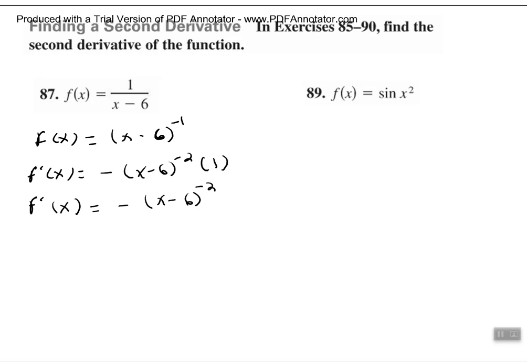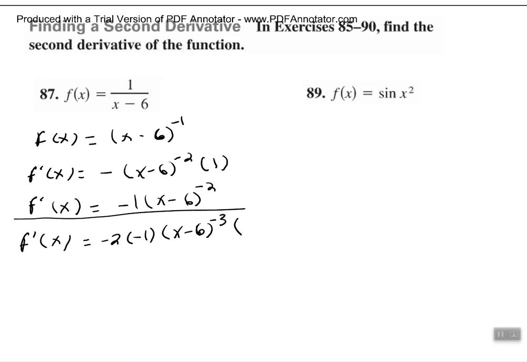The second derivative we want to find is just the derivative of the first derivative. So we just move on to the next step here and we go through the process again. So we have this negative 2 here. So now I have negative 2 times the negative 1 that was already out there, times x minus 6, subtract 1 from the exponent, times the derivative of the inside again, which is 1.